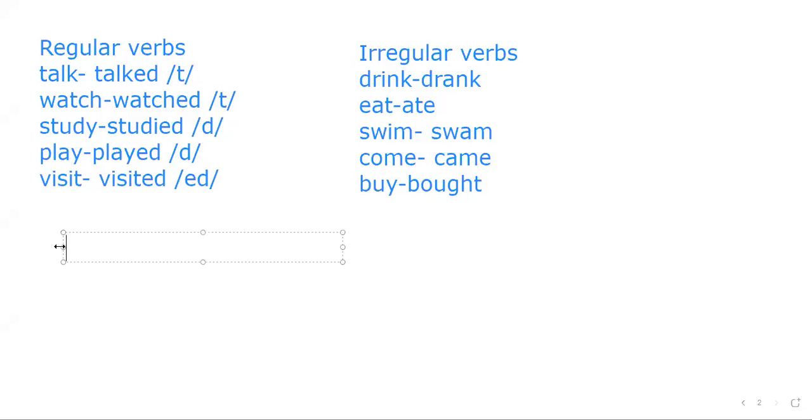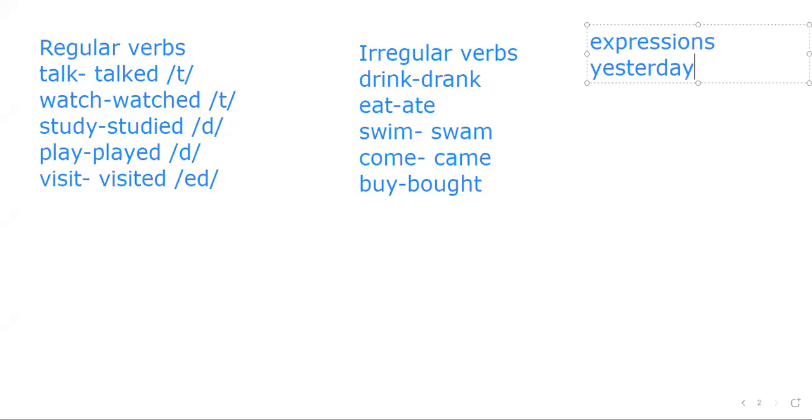Now, let's see some examples. Remember that we sometimes have expressions for you to practice or to identify the simple past, okay? Which are the time expressions in the past? We have yesterday, we have ago, and we have last.